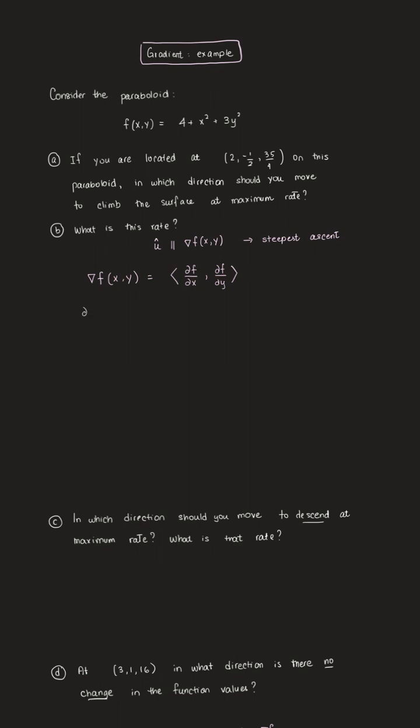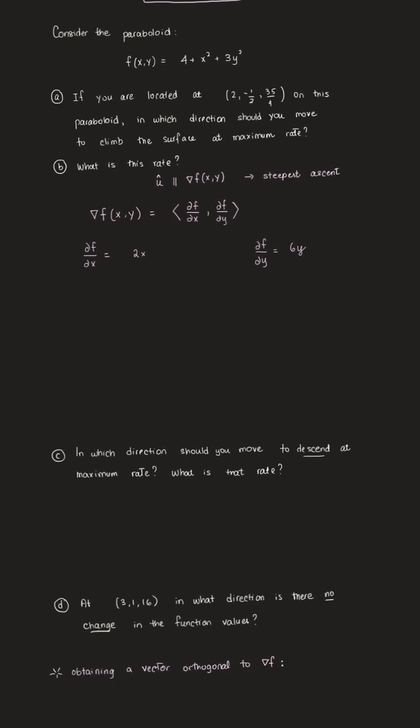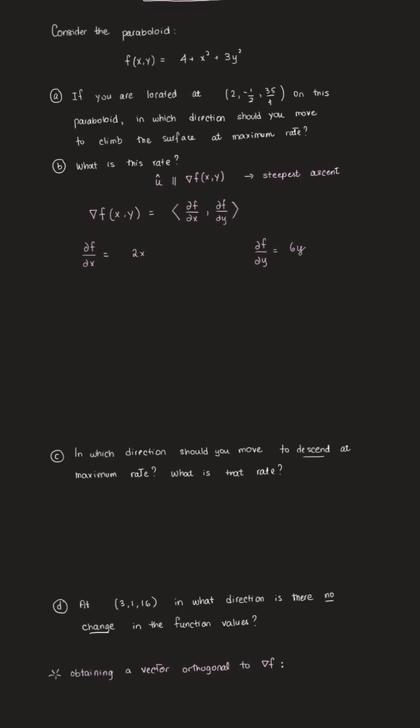So if we find the partial with respect to x for our paraboloid, that will just be 2x. And our partial with respect to y for the paraboloid will be 6y. Now, we want our gradient at our specific point, when x is 2 and y is negative a half.